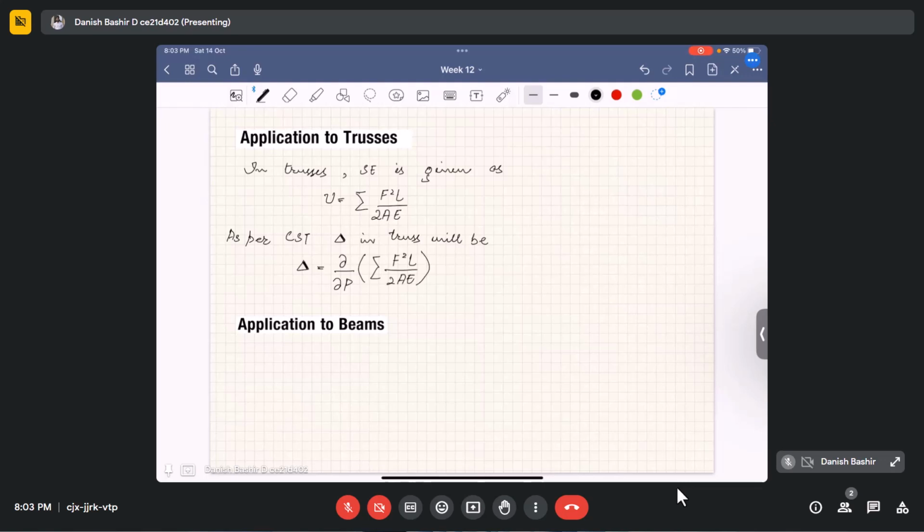This is clear. Then we can take the summation outside. We can write delta collectively equal to the summation of F; its derivative will cancel the 2 and give us dou F by dou P. It will give one term like this, and another term, sorry, not another term, it will be FL by AE.